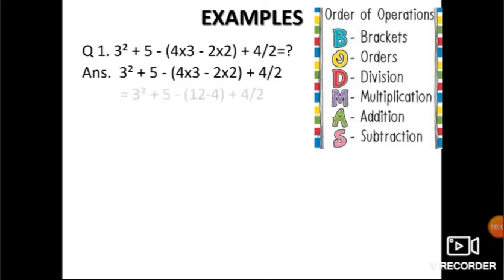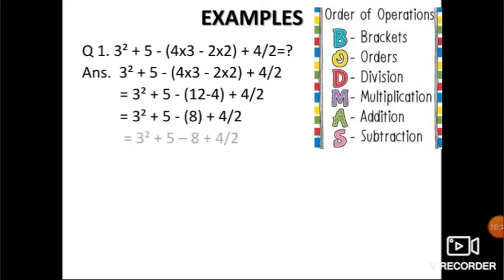So it will be equal to 3 square plus 5 minus, in the brackets, 12 minus 4, plus 4 by 2. Again we solve what is inside the bracket, that is 12 minus 4. We get 8. Now since it is a single solution, we can remove the brackets.